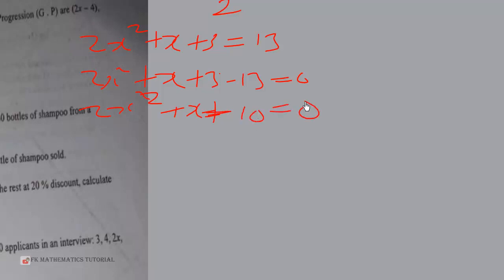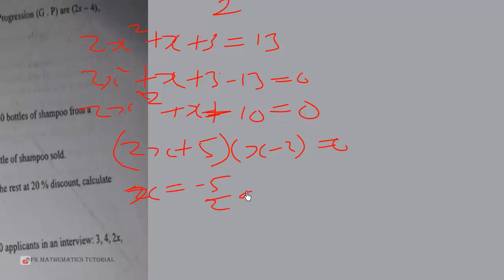So when we factor this and solve, we will get 2x plus 5 times x minus 2 is equal to 0. So we'll get x is either equal to negative 5 over 2 or x is equal to 2. So these are the possible values of x.